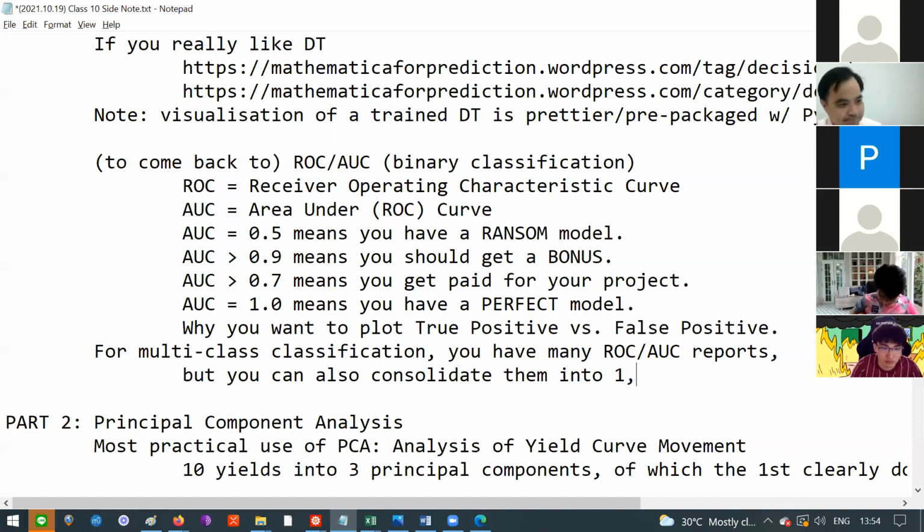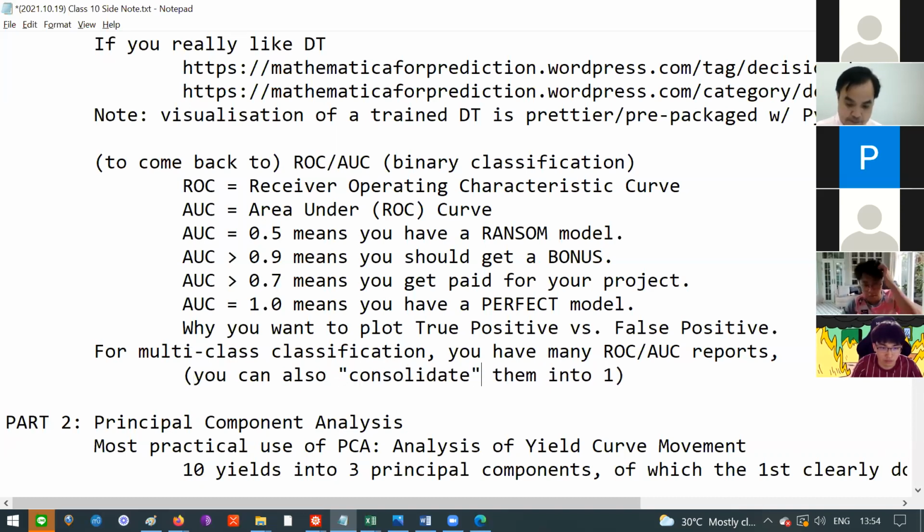That's a bit of a fuzzy area. But if you don't have that many classes, say two or three classes, it's good to examine them separately. So instead of cancer versus not cancer, you would say cancer type A, cancer type B, cancer type C, something like that.